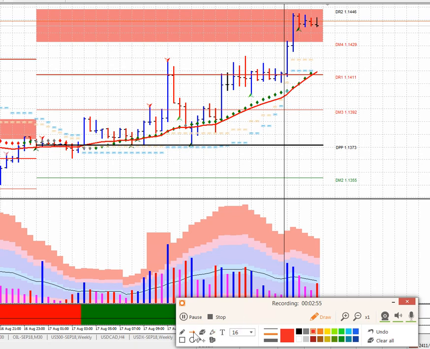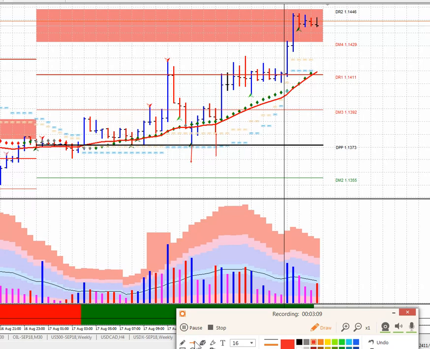Let's do that again. It's messy. We see a test here. We see another test here. And from there, price rose up to test this level, this top level here.